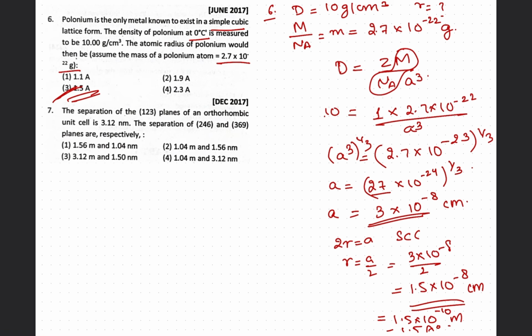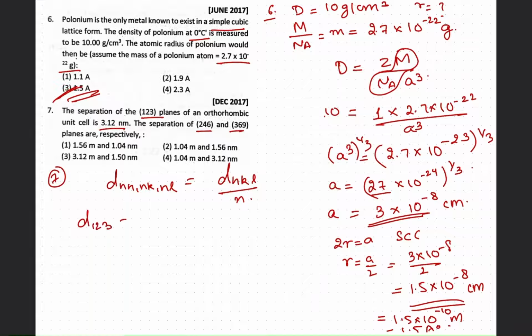Now moving on to question number 7. The separation of 1 2 3 planes of an orthorhombic unit cell is 3.12 nanometer. The separation of these planes will be, here you have to use a simple formula: d(nh, nk, nl) will be equal to d(hkl) divided by n. Okay, so here d(hkl), that is 1 2 3, is 3.12 nanometer.